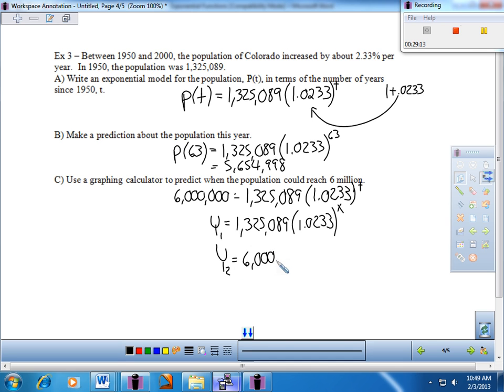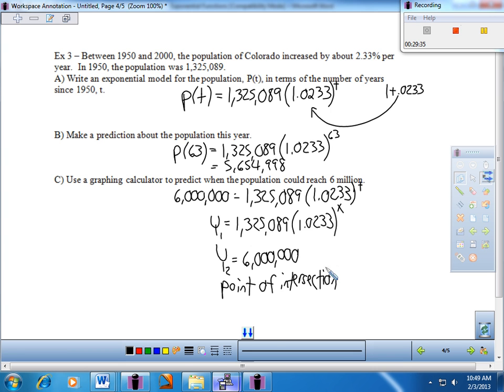So in y2, everybody, I'm going to just type in 6 million. And this allows the calculator to come up with a way where you're trying to find the x for a particular y. And what we're going to do is see where they intersect. So just write that piece down. Again, you're going to probably have to do this for me a few times over, so get comfortable with it if you would.